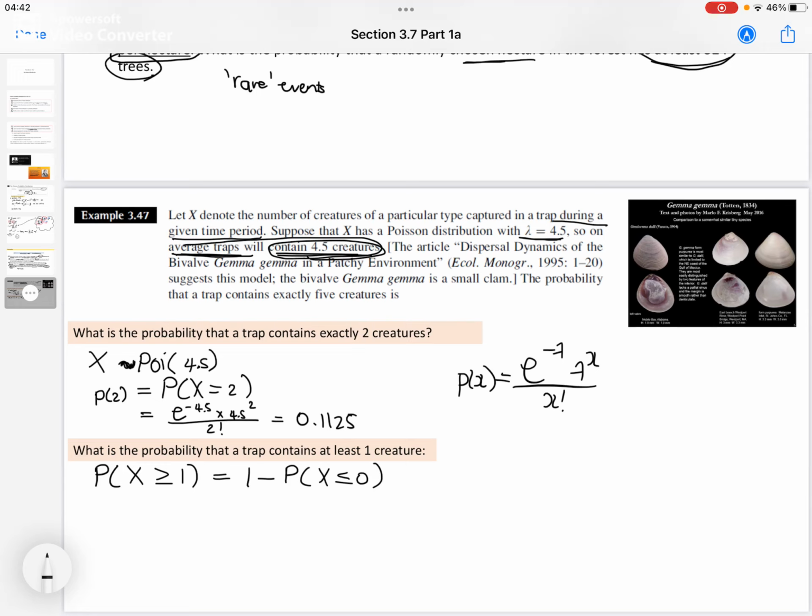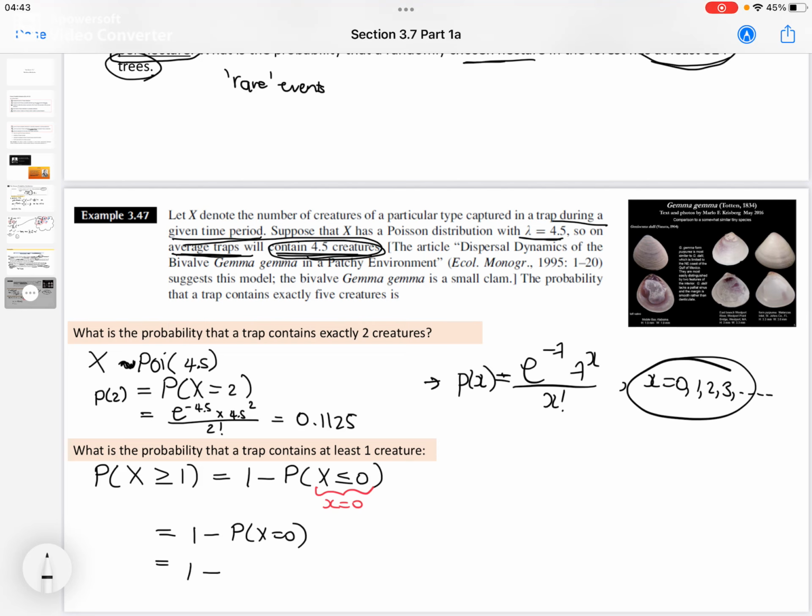Remember, by definition the PMF is equal to e to the power minus lambda times lambda to the power x divided by x factorial, for x equal to 0, 1, 2, 3, and so on. So which possible values of x fit the criterion of x being less than or equal to 0? It's just x equal to 0, right? You agree? Okay, so we have 1 minus the probability of x equal to 0.